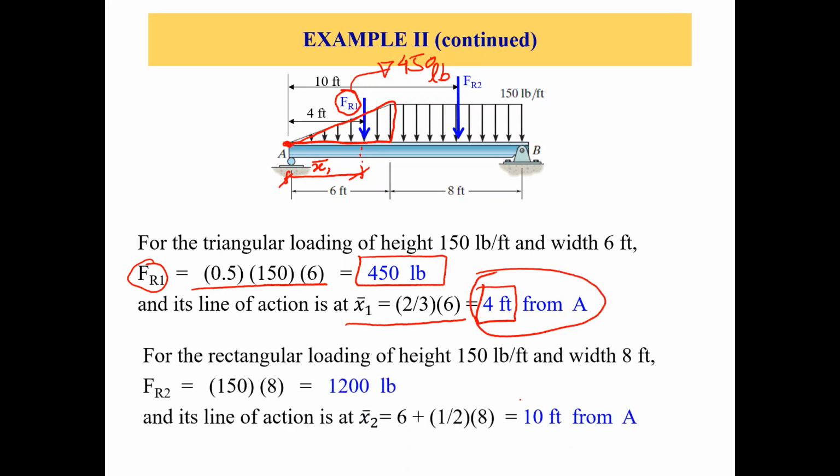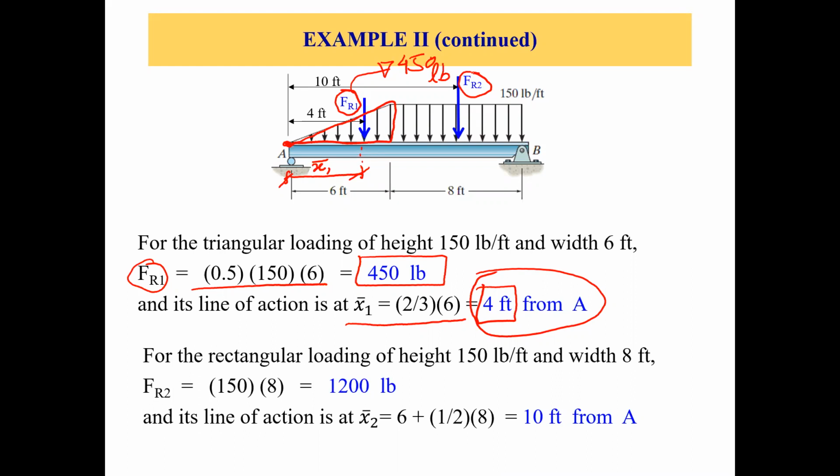All right. Now let's talk about the rectangular portion. So let's say that FR2 is the resultant force of this rectangular portion, right? The loading is 150 pounds per feet. The length of this portion is 8 feet. So what is the area?